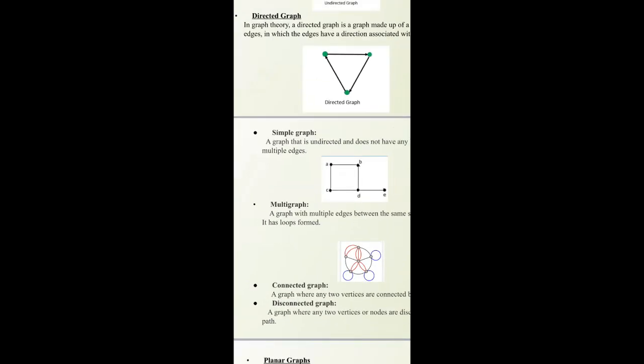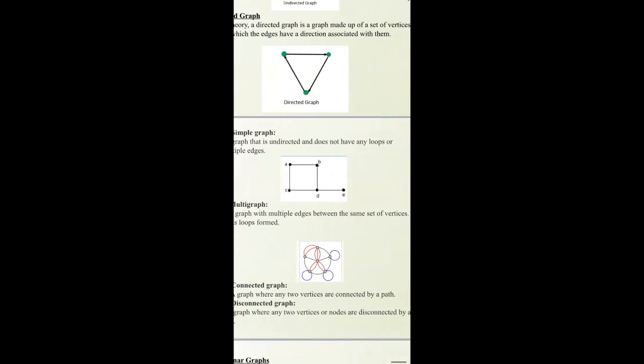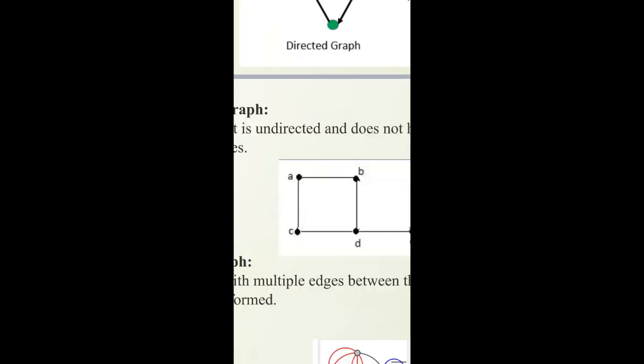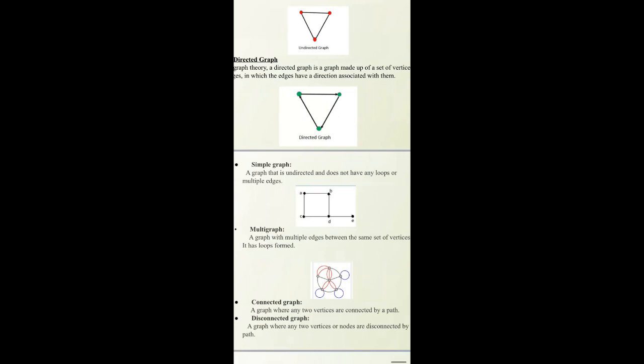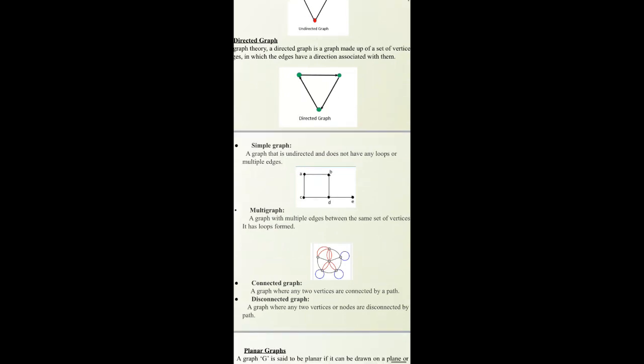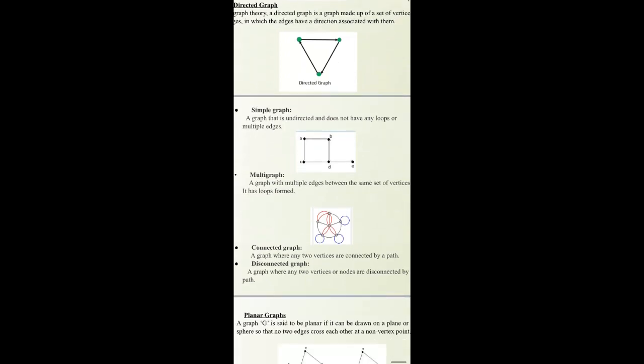That means there are no multiple edges and loops. Loops means an edge from a vertex to itself. There is no edge which starts from A and ends at A. So a simple graph is a graph where there are no loops and no multiple edges.